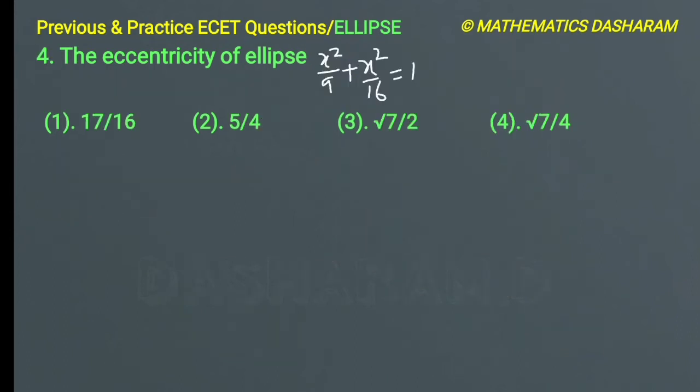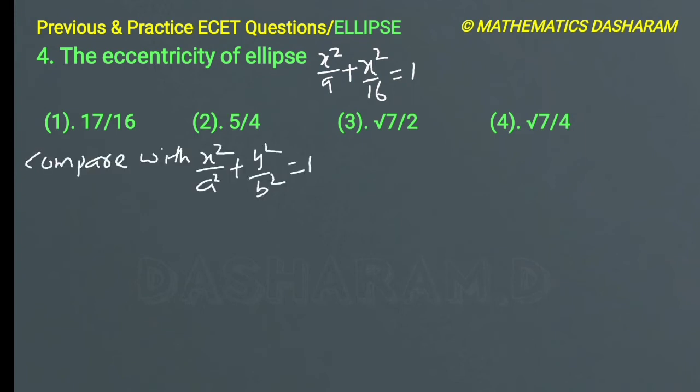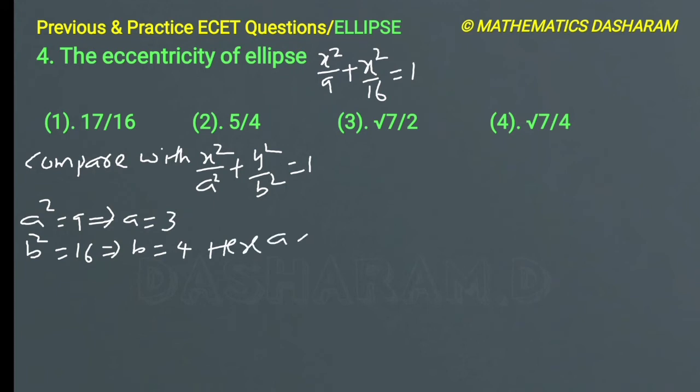Fourth question, the eccentricity of the ellipse x square by 9 plus y square by 16 equals 1. So let's compare with the standard form. Here a square equals 9, which implies a equals 3. b square equals 16, which implies b equals 4. So here a is less than b. If a is less than b, the eccentricity formula is e equals under root 1 minus a square by b square.